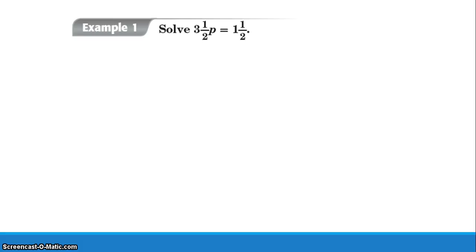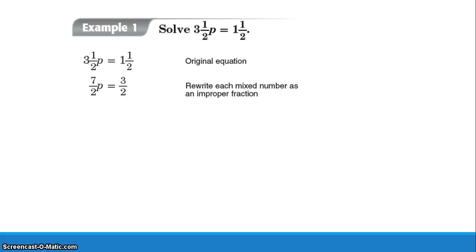But let me explain that a little bit more. Let's write our problem down. Now, before we can do anything, we have a mixed number. We need to make it an improper fraction. So we're going to multiply 2 times 3 and add 1 and make it 7 over 2. And then 2 times 1 and add 1 and get 3. So we've rewritten our problems so that they're improper.